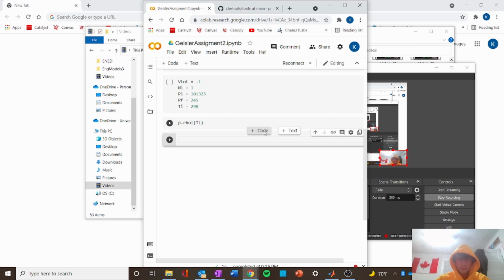We also want to input our nair equation. It's our initial pressure minus the vapor pressure at our initial temperature, multiplied by the total volume minus the initial weight divided by our rhoL, which we just defined up at the top, times the initial temperature divided by R times TI.